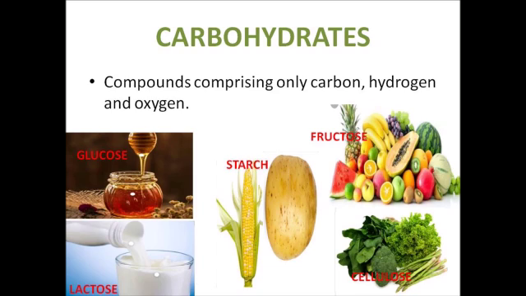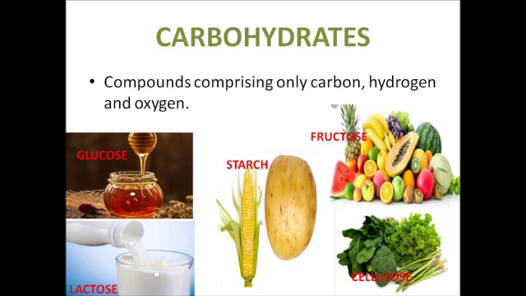Now, different types of carbohydrates are present in different products. For example, potatoes, maize and cereals are a very rich source of starch. Fructose is present in fruits. That is why it is named fructose. Lactose is present in milk. So milk not only provides calcium to us, it also provides lactose. You can find glucose in honey.